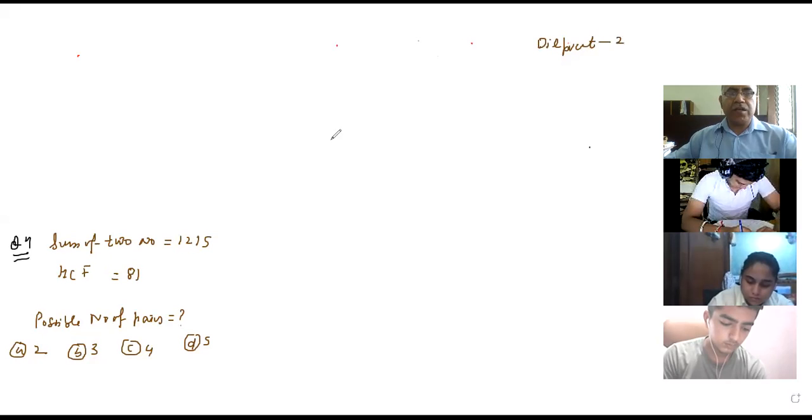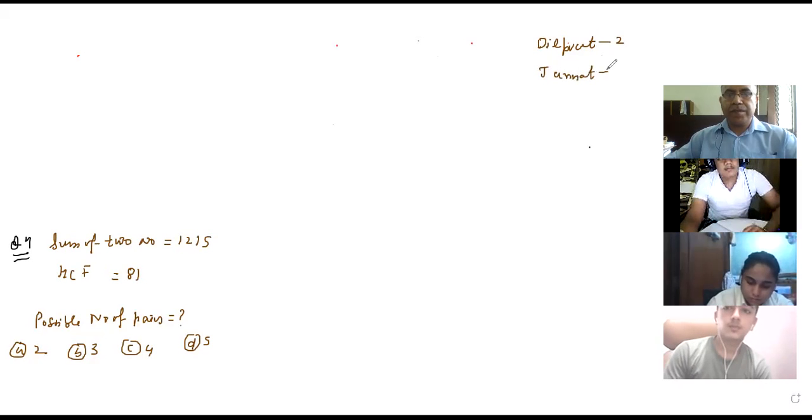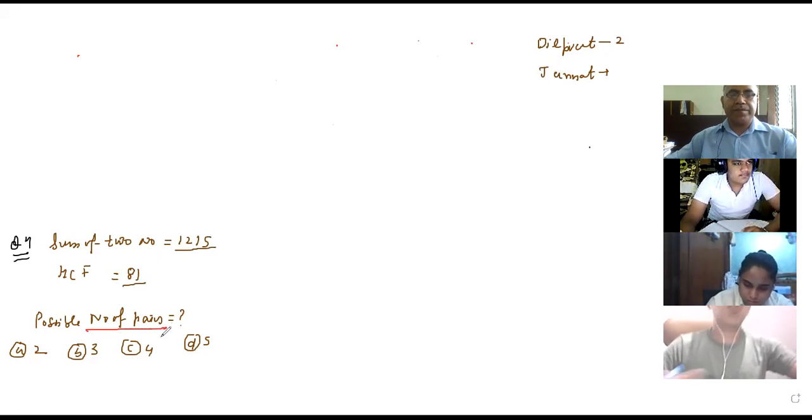The next is Zannat. Are you getting? Zannat, are you getting? अच्छा चलिए आंसर बताइए फटाफट. The sum of the two numbers is given. Their HCF is 81. You have to find the possible number of pairs.